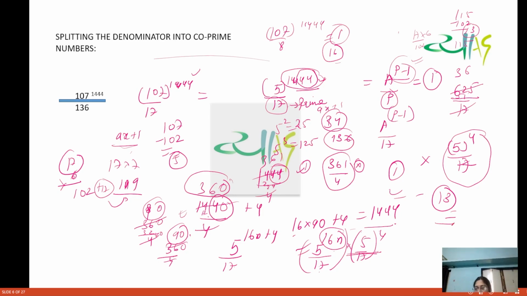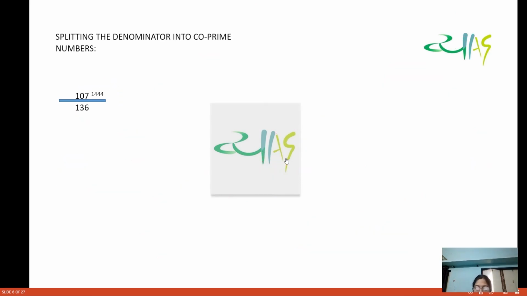So try to do this question again on your own. This is a little bit lengthy concept. So you got 13 as remainder. Now there is more that is left in the question, because we have to find the remainder of this as a whole. Once I did it divided by 8, I got 1 as remainder.